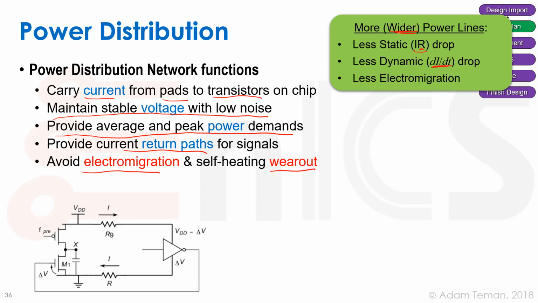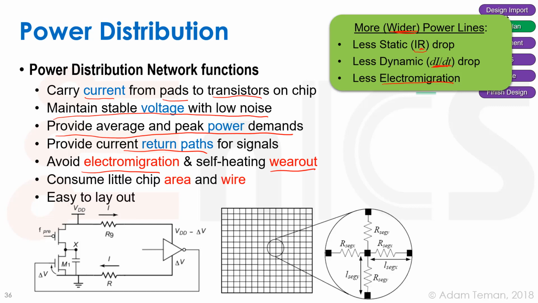When we start changing the current suddenly, because of a rising clock edge or something, then we can get this type of di/dt drop that also reduces our voltage. And we get less electromigration because we have wider wires. There is a lower probability that an atom will be displaced by being hit by an electron.